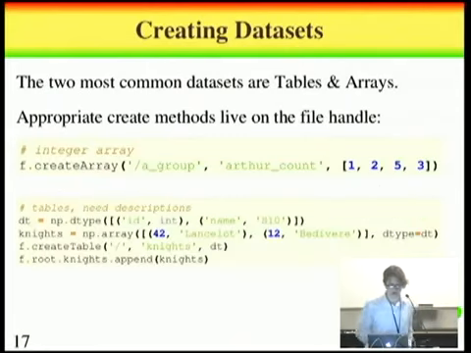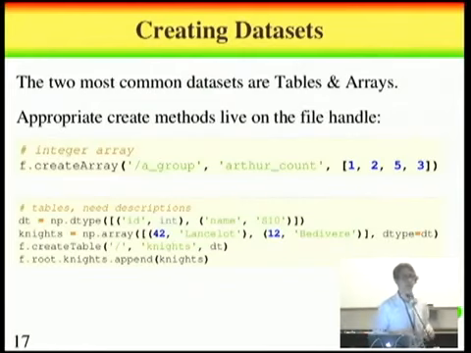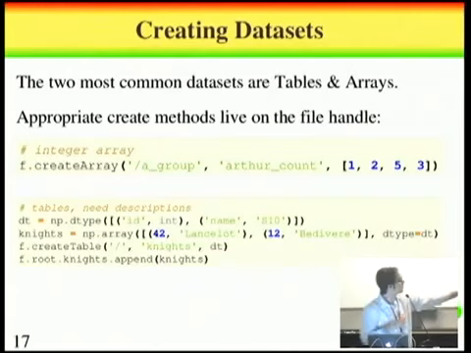Okay. Tables require a little more overhead. Basically, tables, because they're structured arrays, which actually, who knows about structured arrays? Okay, so it's most of the class. So tables, since they're basically just structured arrays, need a description or a data type.